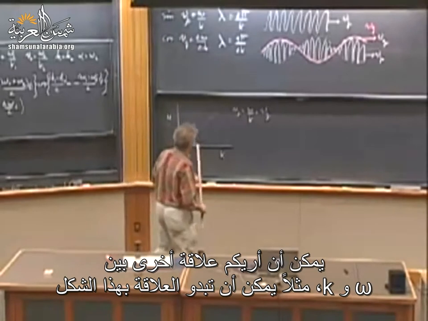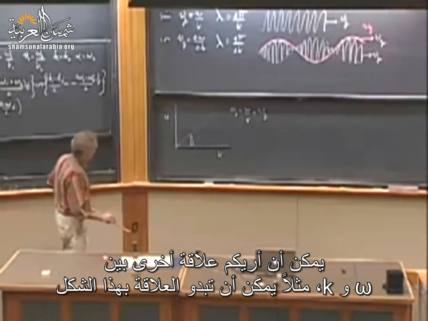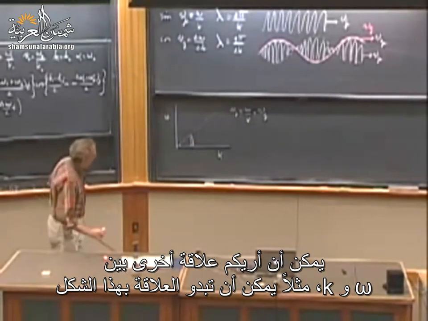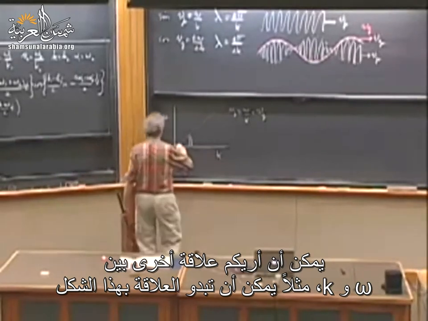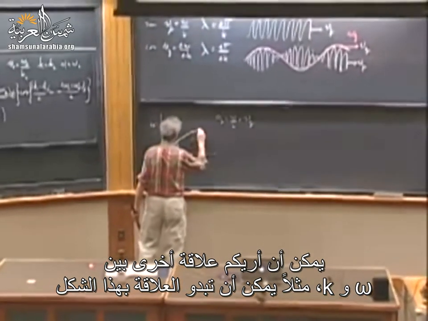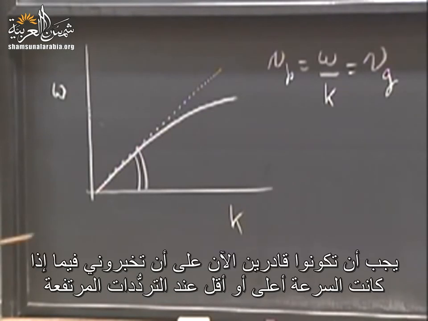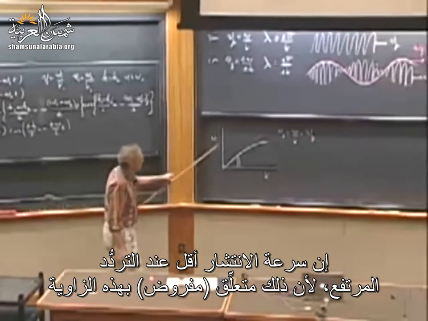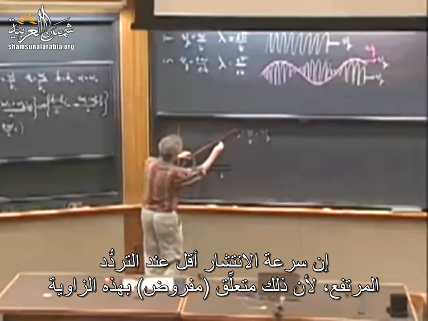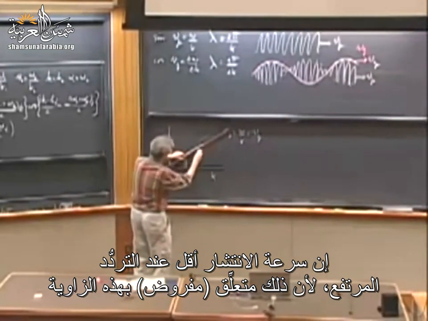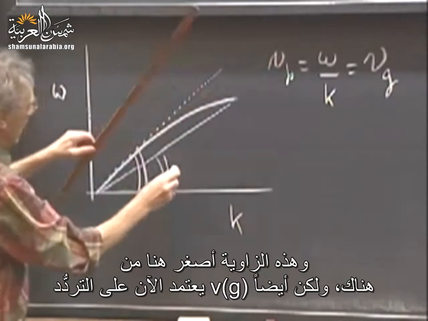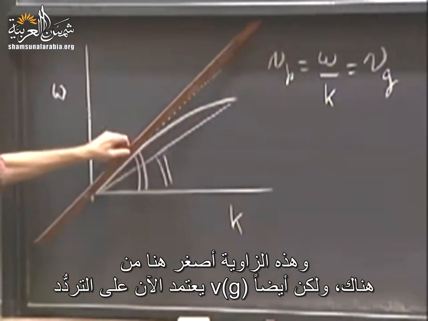I can show you another omega-k relationship now. For instance, the omega-k relationship could go like this. That would be a dispersive medium now. You should be able to tell me whether the speed is higher or lower at high frequencies. Well, the speed of propagation is clearly lower at high frequency because it's dictated by this angle, and this angle is smaller here than it is there.